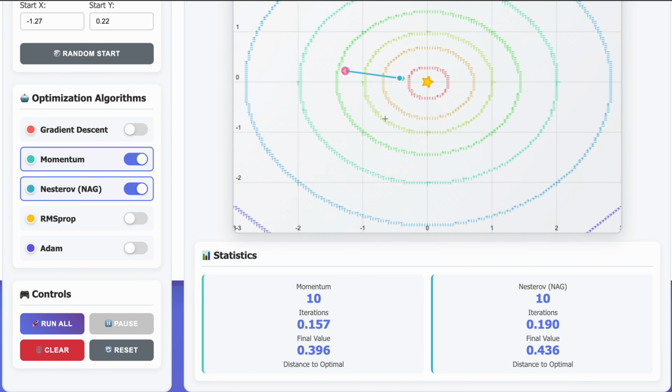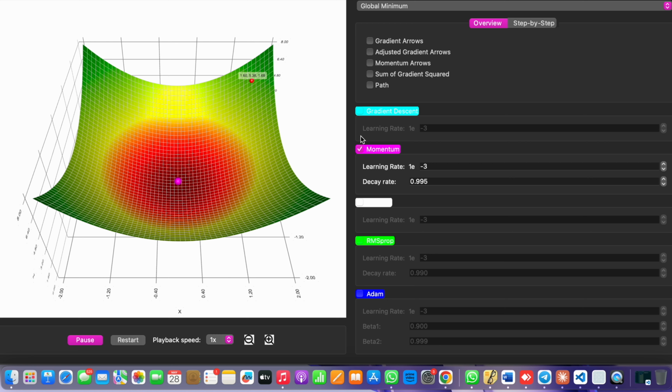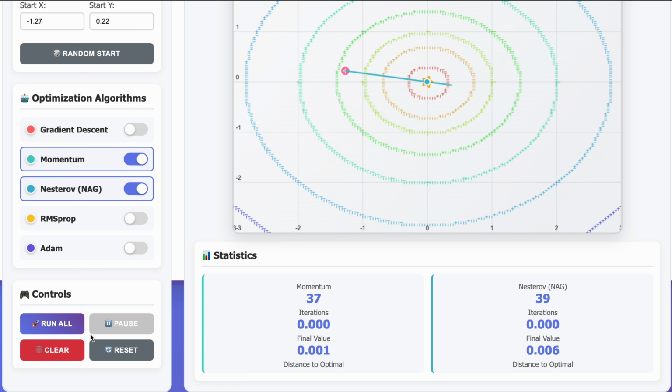What's happening is that with momentum the ball goes further away before coming back. If I restart, suppose the ball is coming from here, it goes farther and then comes back a second time. With Nesterov it also comes from here, but it will not go as far.